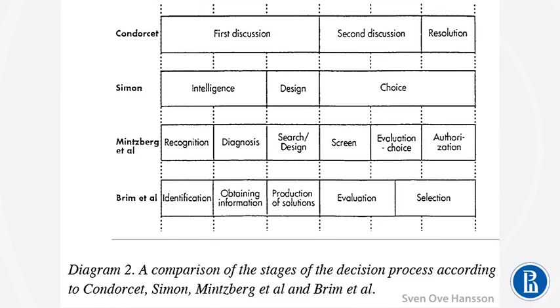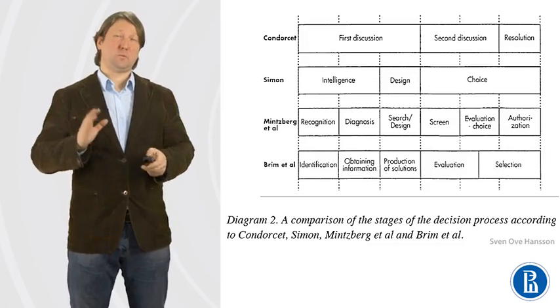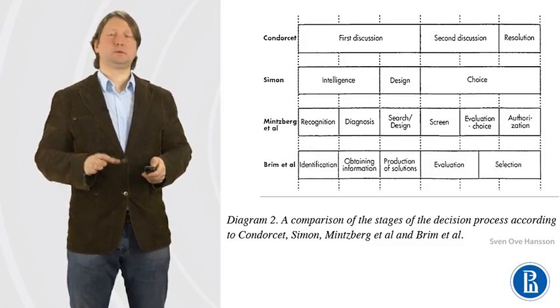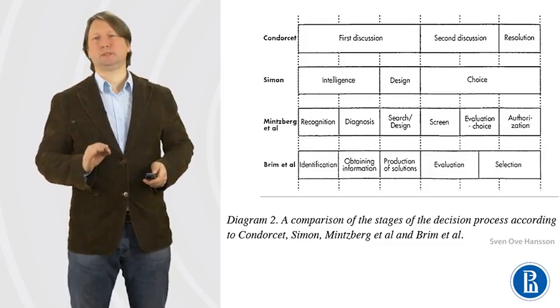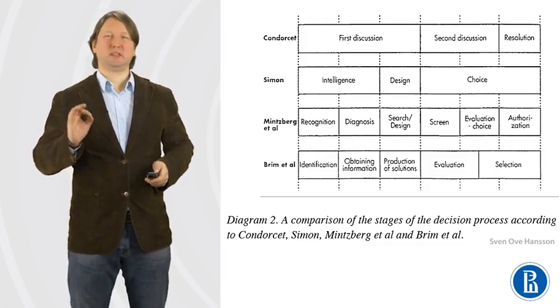Next, we collect information related to the problem. Next, we produce some solutions, alternative decisions, and we evaluate these alternatives. And finally, we select between these alternatives and finalize the decision. So neuroeconomics adopts basically the same approach. It's a bit different, but it's quite similar.